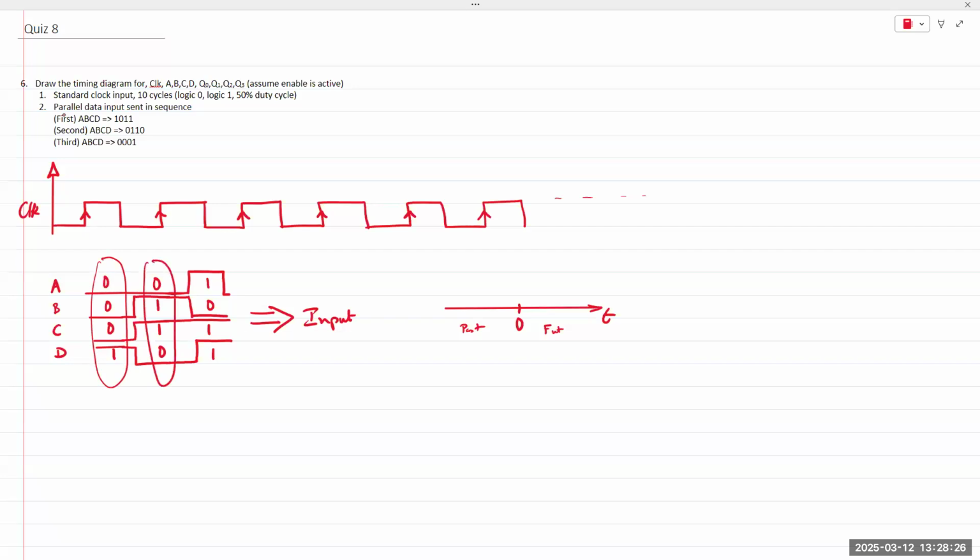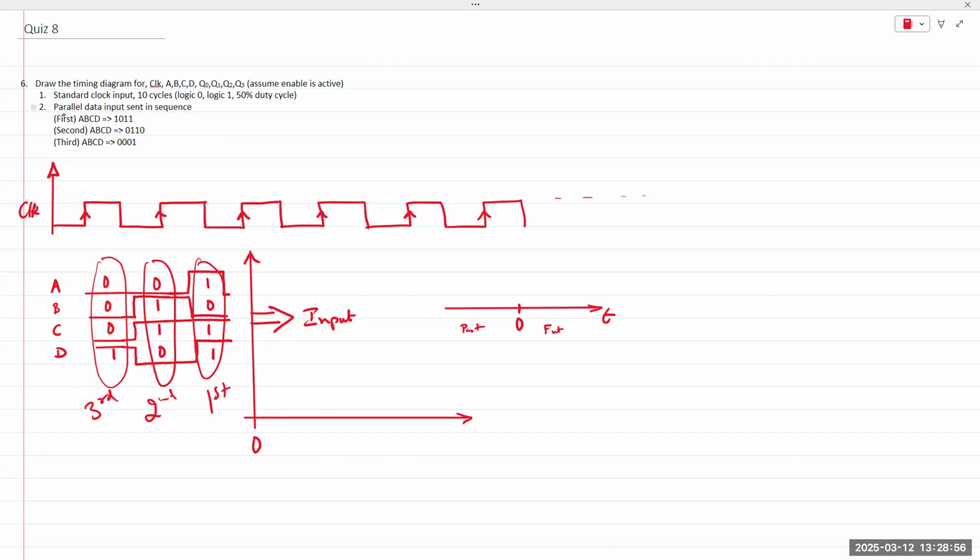So this is the second, and this is the first. And I'm feeding that as input into my shift register. So if I was to draw a timing diagram, I could make this to the left of 0. Or I could draw a separate timing diagram for everything.